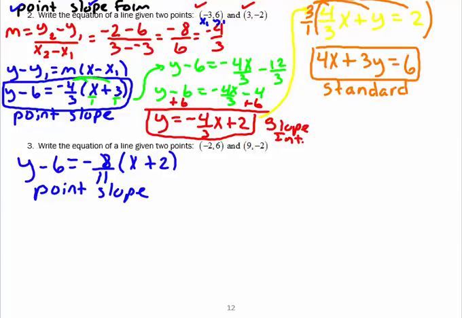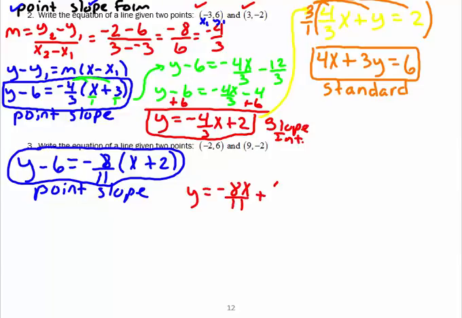To change it into slope intercept, you would then have to distribute that fraction and work from there. For slope intercept, you should be getting y equaling negative 8x over 11 plus 50 over 11. And that's going to be your slope intercept form.